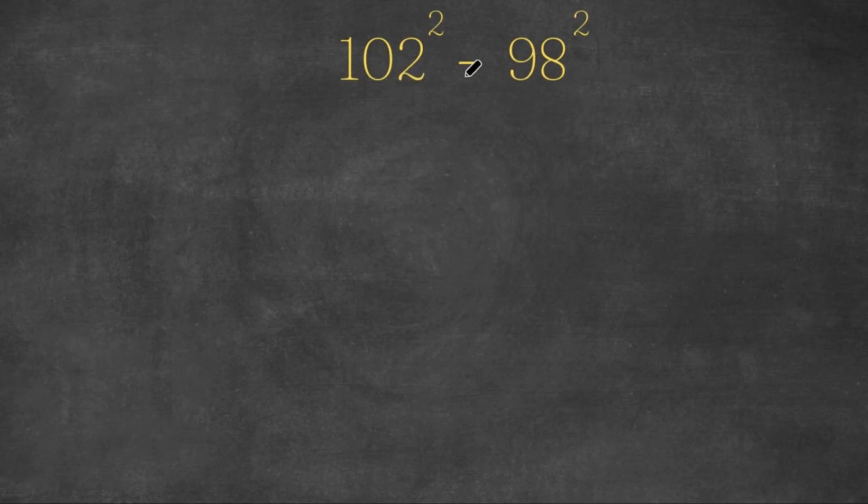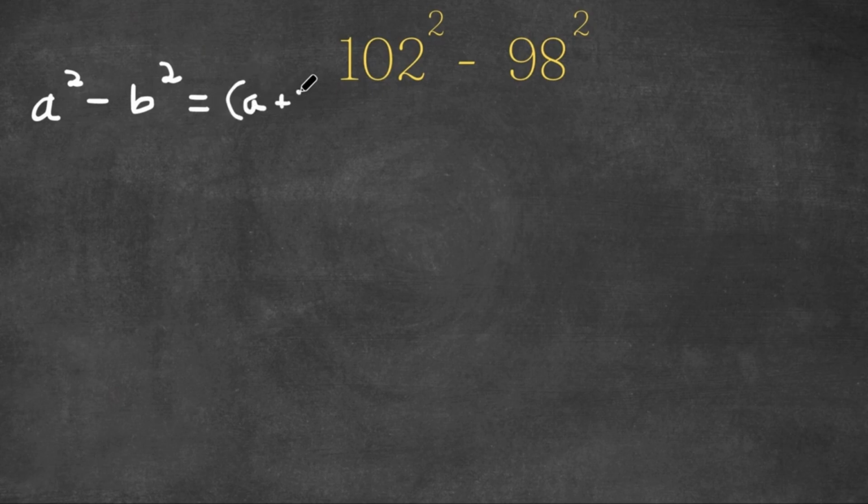In today's video, I'm going to be teaching you guys how to solve this exponential problem. So we have 102 squared minus 98 squared. Now, if we have something in the form a squared minus b squared, an important property of algebra states that this is equal to (a plus b) times (a minus b).